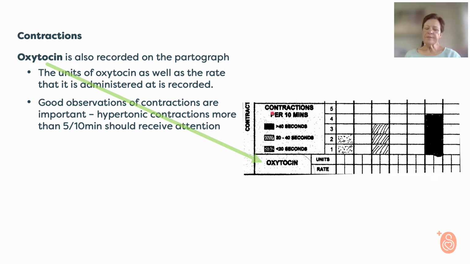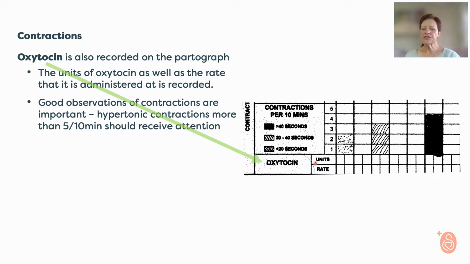Now, on some of the partographs, there's also a place where we can record the oxytocin if a patient has been on an induction of labor, or when labor has been augmented with oxytocin. And it's actually very important for this to also be on the partograph, because as we've said, with the partograph, at one glance one can exactly see what's going on.